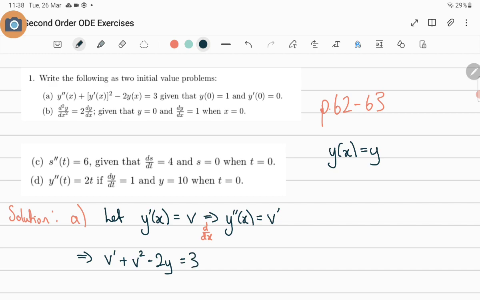And what you want to get is a differential equation for y, which we actually already have, and then a differential equation for v, which comes out of this. So we're just going to add 2y, and we're going to take away v squared. Just solve it as an algebra problem. You get v dashed is equal to 3 plus 2y minus v squared.